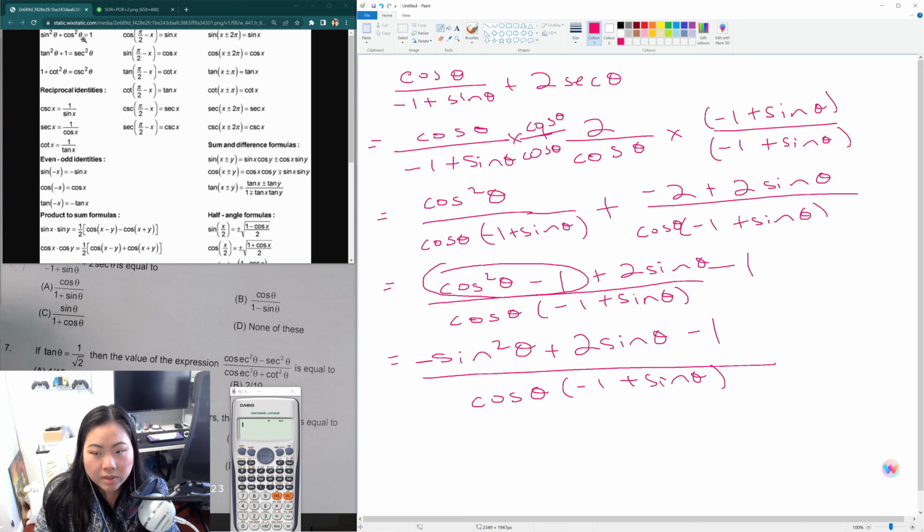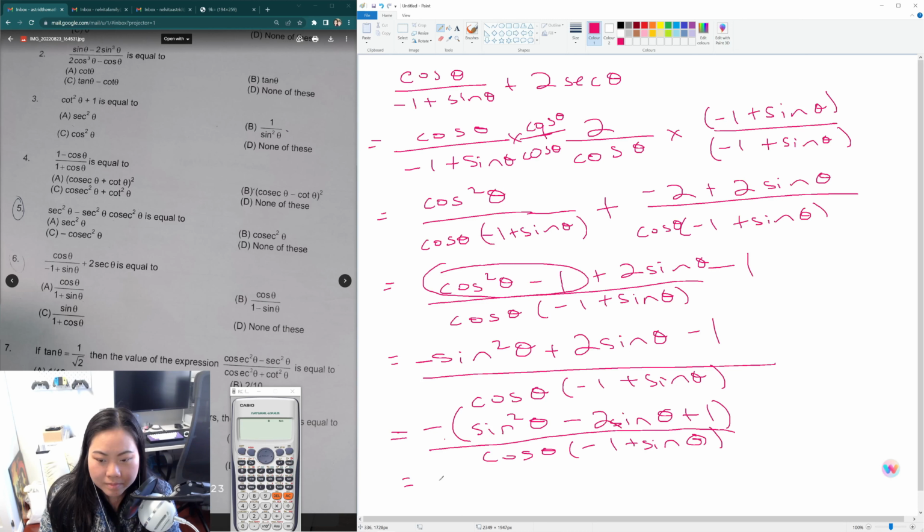So this is going to equal, I'm going to take the negative 1 factor out of this numerator. This is a quadratic, I'm going to leave that the same. Okay, I'll show you what I mean. This bracket here is actually the expansion of sine theta minus 1 squared.